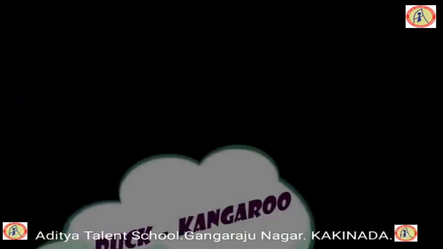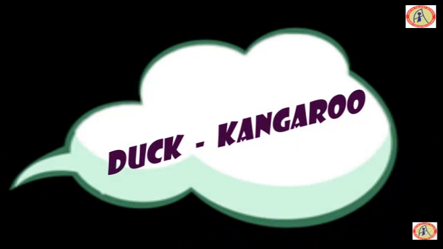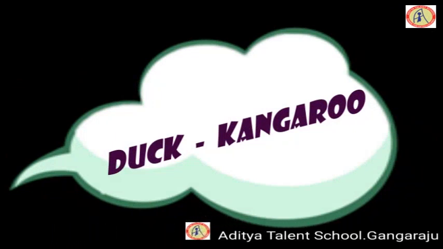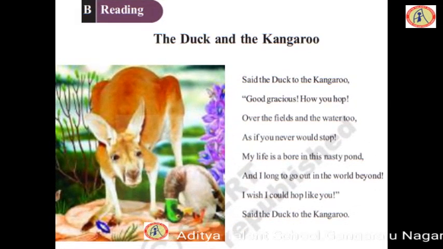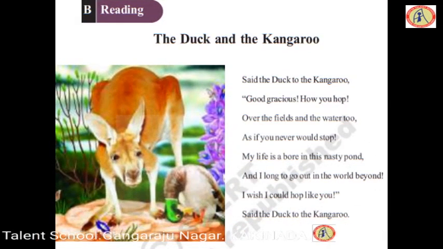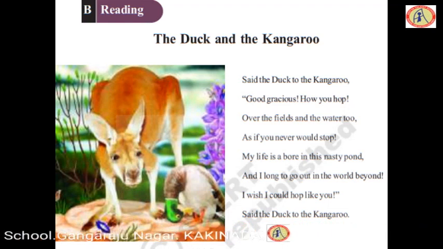Now, who is the speaker in this stanza? Duck is speaking to kangaroo. If you look at the first line and the 8th line, both were the same. Who is speaking here? Duck. To whom? Kangaroo. Good gracious is an exclamation of surprise. How you hop.